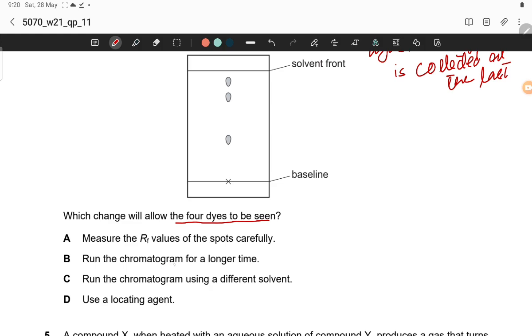Run the chromatogram for a longer time. No, this is incorrect. Run the chromatogram using a different solvent. Yes, this must be correct.